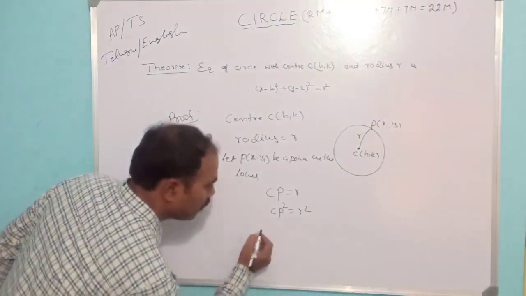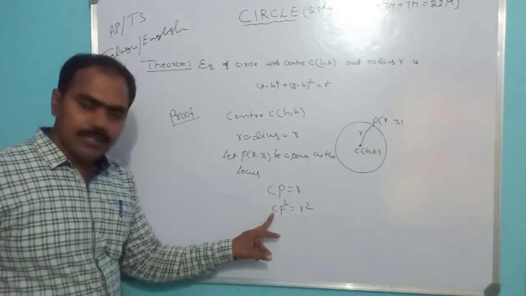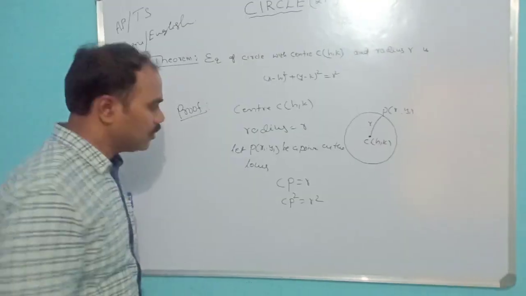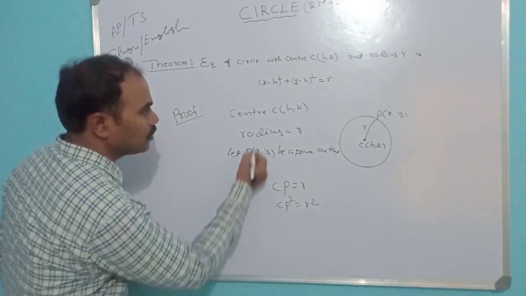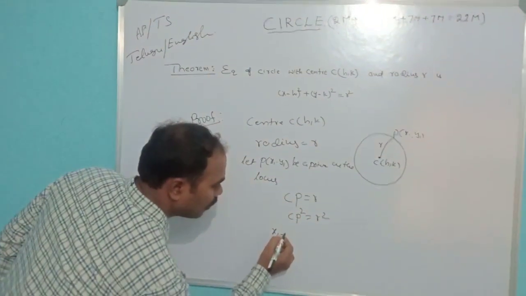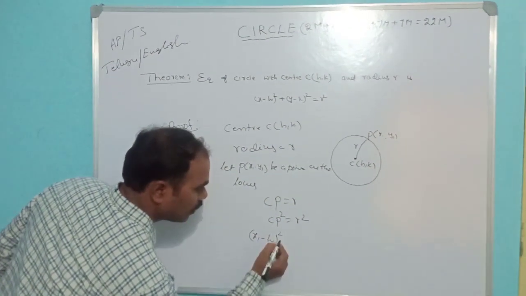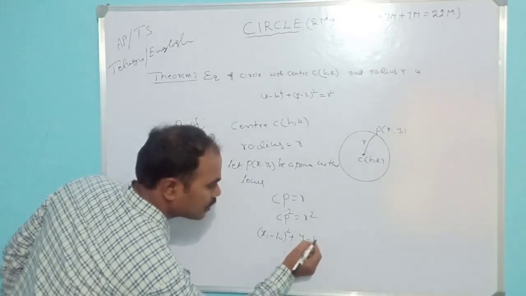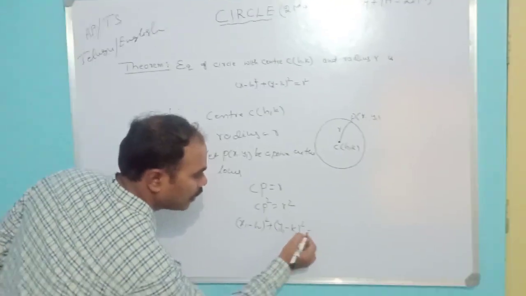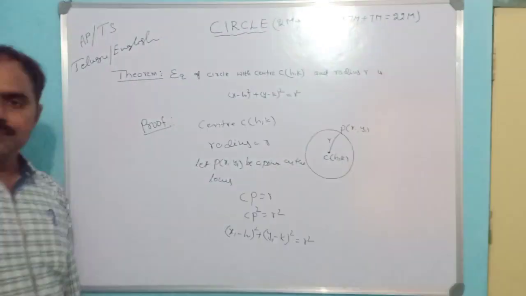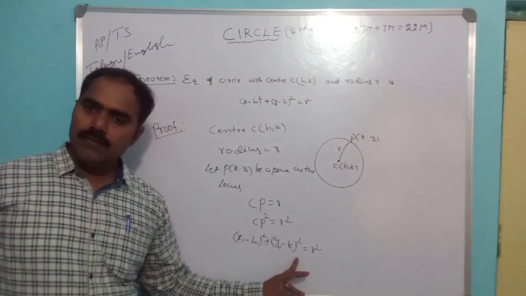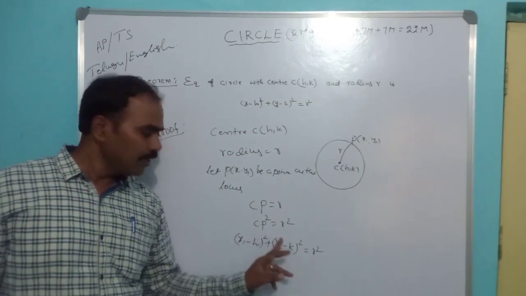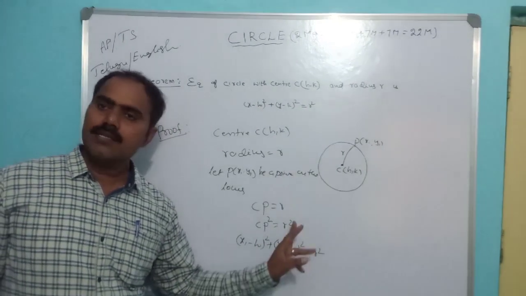Now CP square by the distance formula is (x1 minus h) whole square plus (y1 minus k) whole square equals r square. This is the equation of the circle with center (h, k) and radius r.